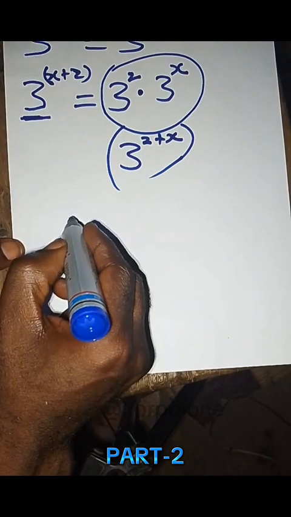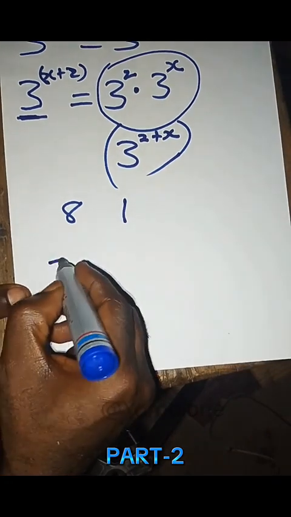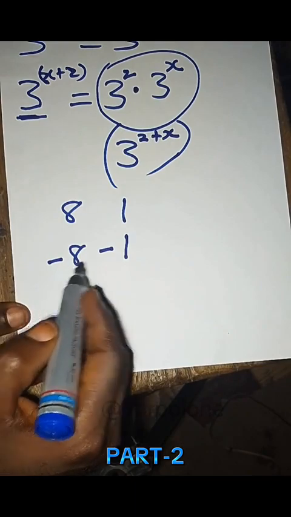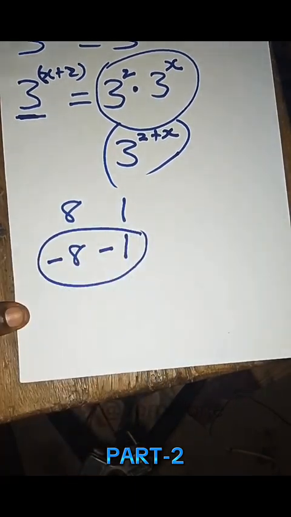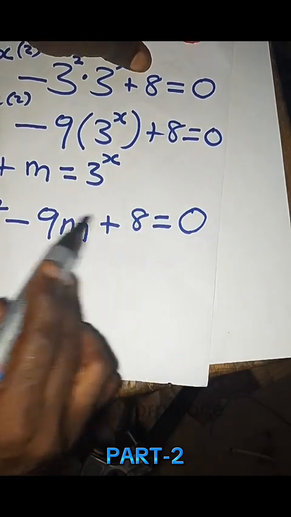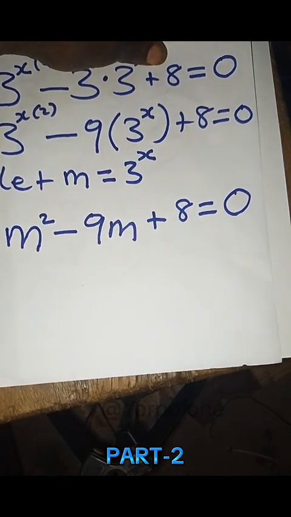If we take 8 and 1, what we have will be minus 8 and minus 1. Those are the two factors that will give us the value. If you multiply, you have 8, and if you add, you have minus 9. Okay? So let's try this one.